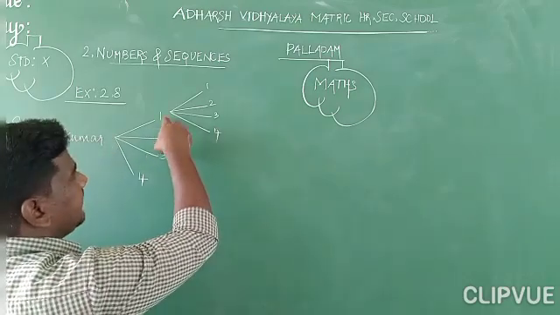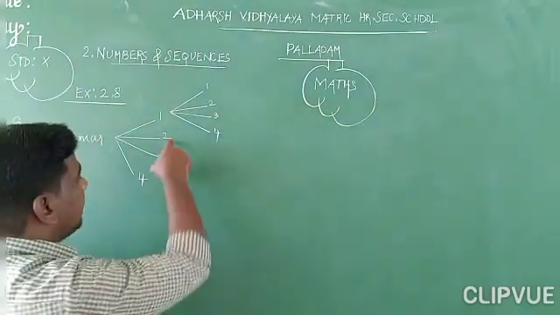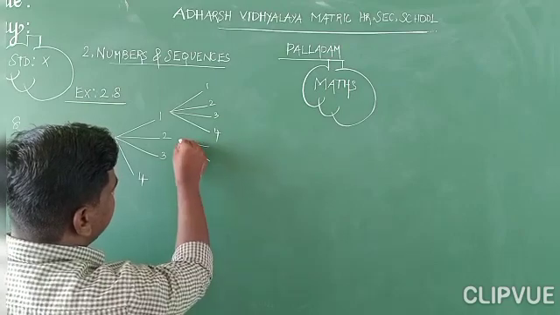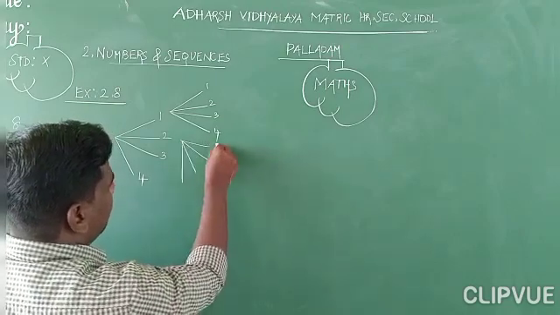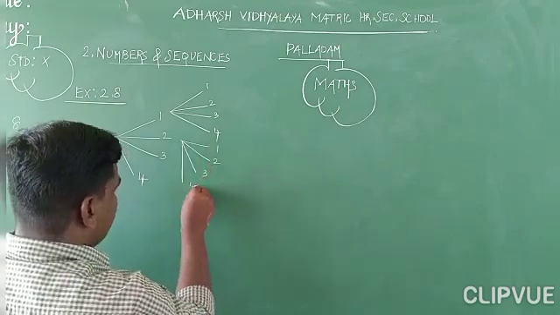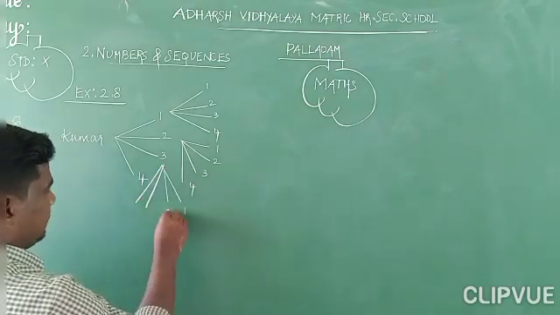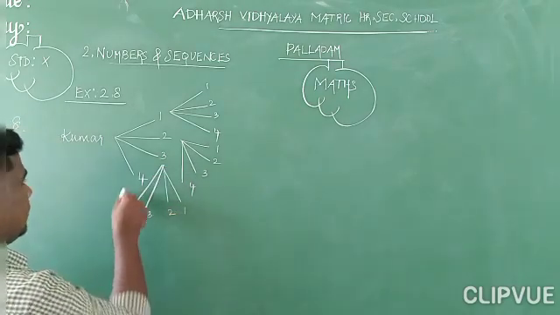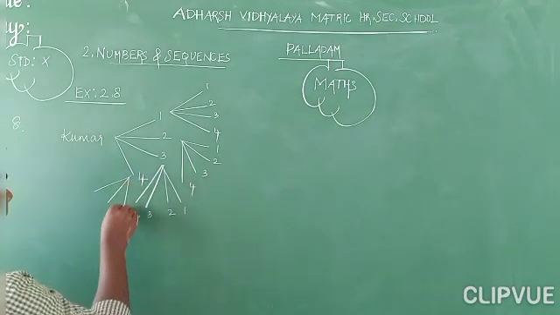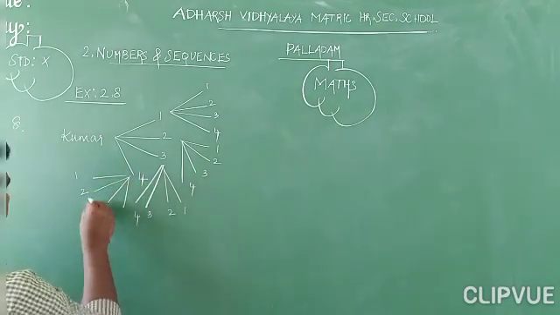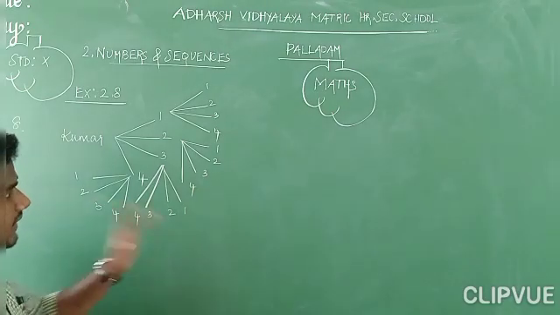The first friend sends the letter to 4 persons, the second friend sends the letter to 4 persons, like the third friend: 1, 2, 3, 4. Like the fourth friend, he sends the letter to 4. So it is going on.